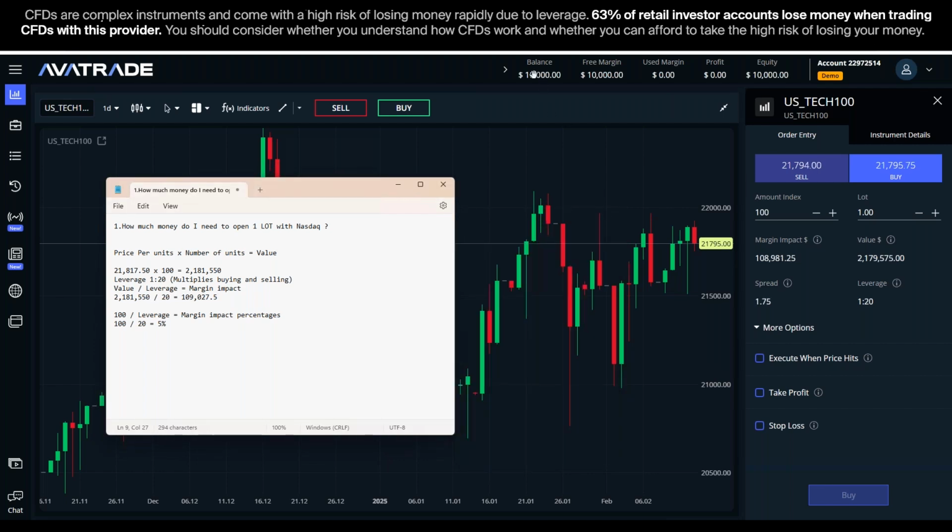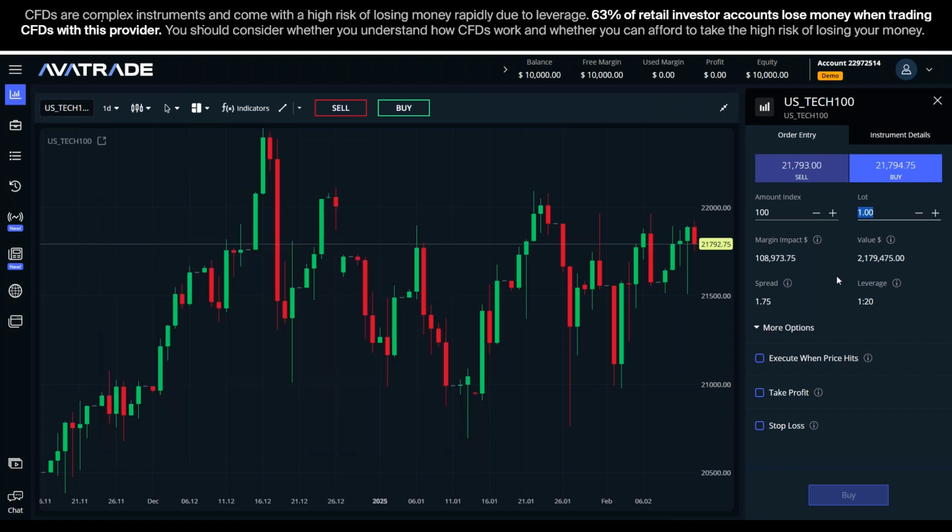Obviously we are with 10,000. So for the sake of the example, this particular account doesn't have the ability to have 1 lot, and to be frank, not even 0.1 lot. As you can see, we are with 10,000, and the required margin in here is nearly 11,000, so we're not there.